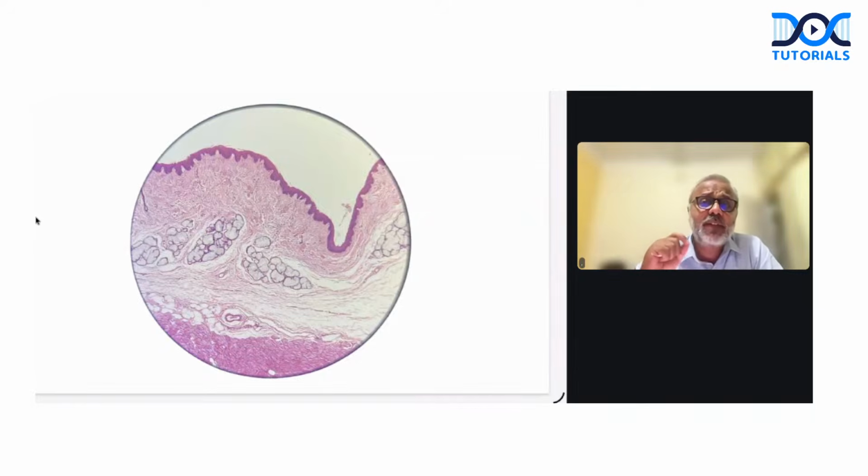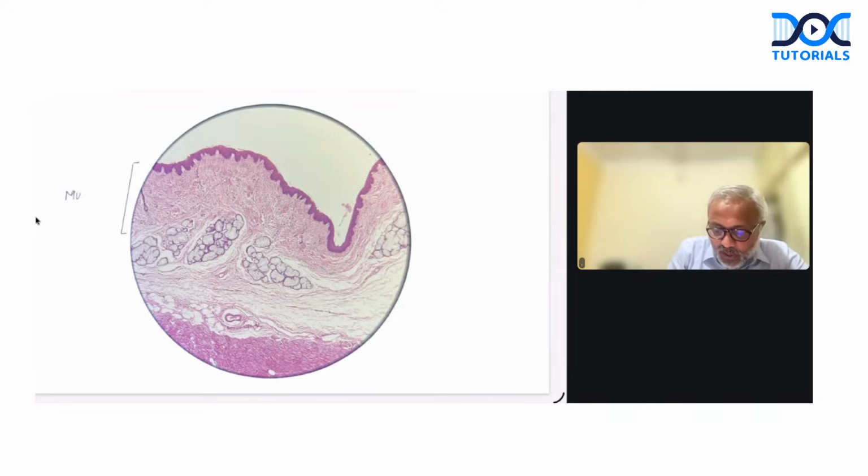But based on the features of each of these layers, we can distinguish which region we are referring to. So let's get started with the slide of esophagus. As we said, esophagus is made up of 4 distinct layers. First, let's try and appreciate the layers. This entire thing that we have here, what is this?